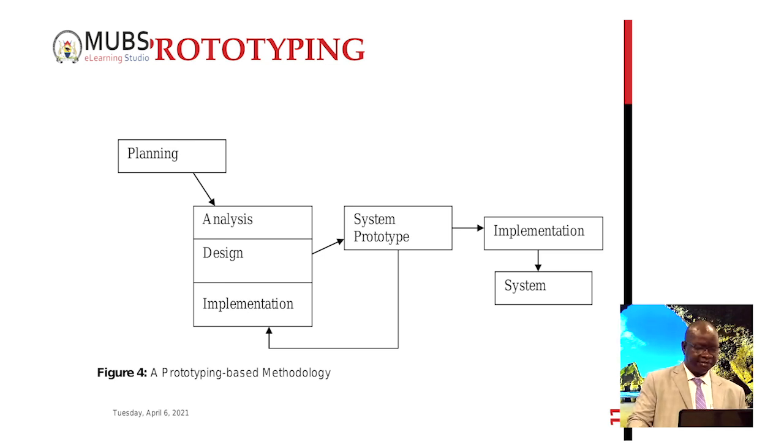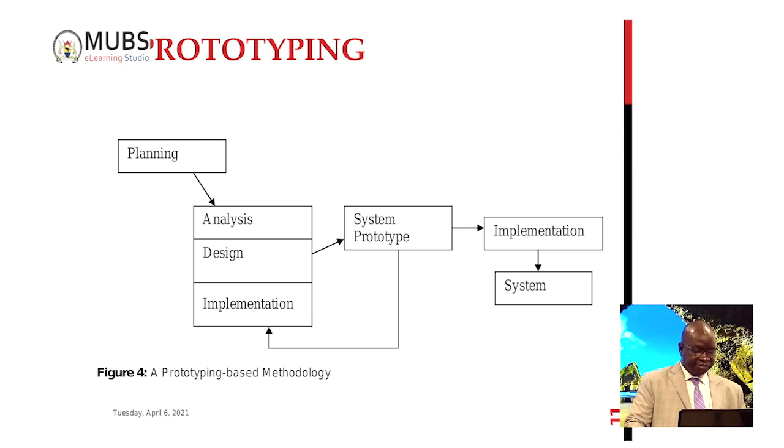That arrow from design, from the overall box, pointing from this design middle, is pointing to system prototype. If this prototype is not complete, then the arrow goes back. That means the technical team is going to do more work.